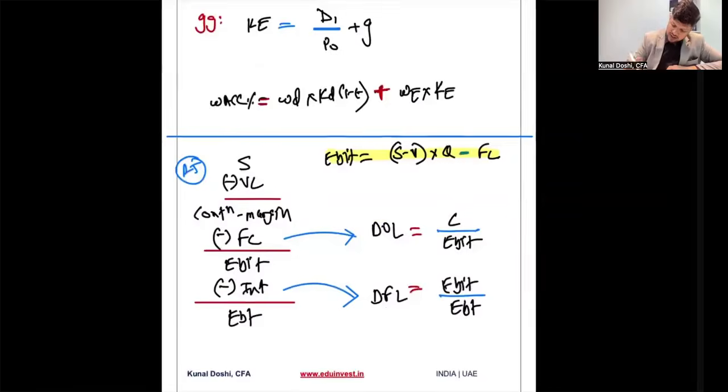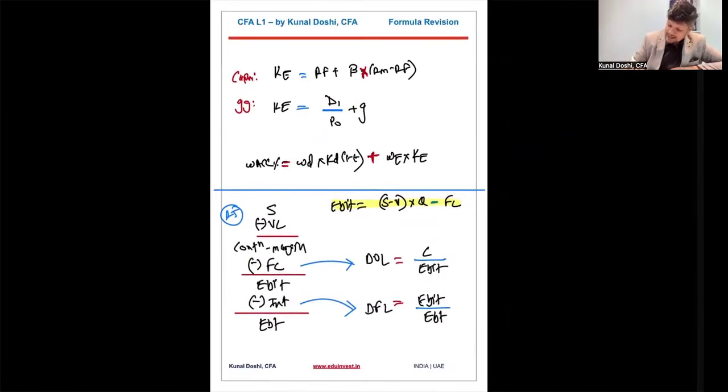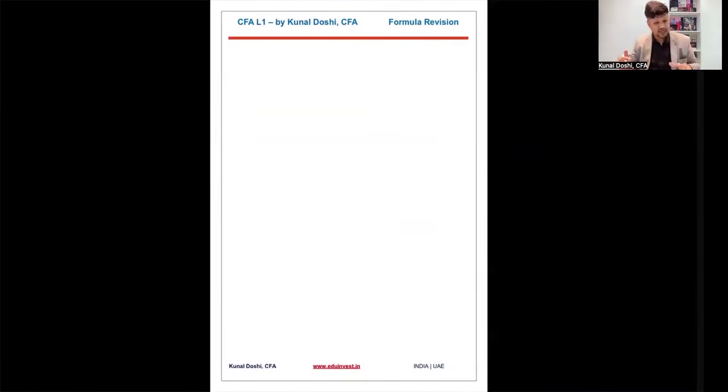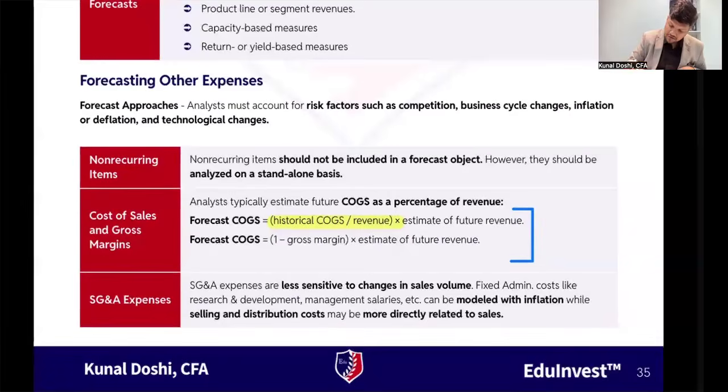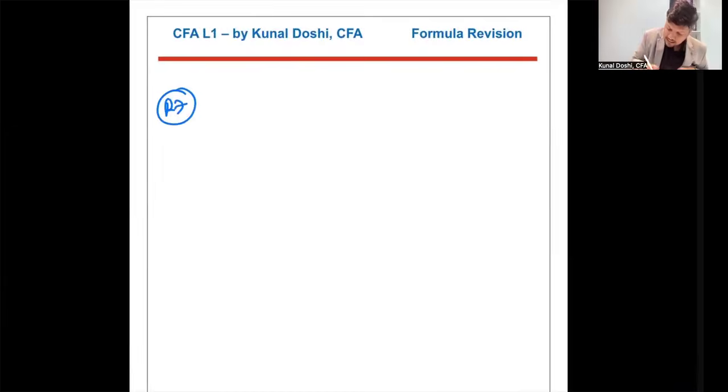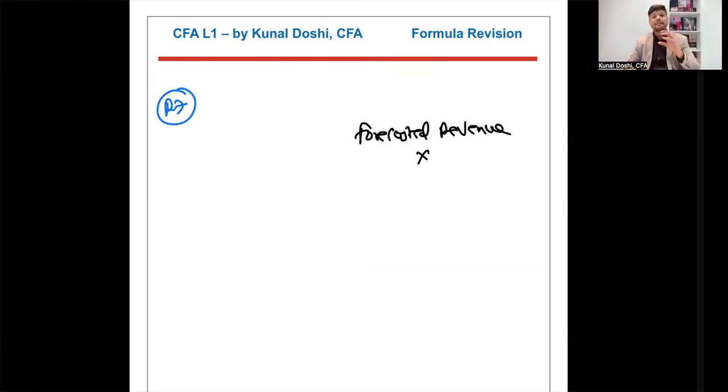So just writing down this formula for your reference, I'll repeat, it is nothing but a rearrangement of the income statement. But still, for your reference, you should know what exactly this is. If I am estimating my cost of goods sold, first of all, cost of goods sold is some percentage of revenue. So I will take the forecasted revenue, let's say next year's revenue, and multiply with the margin.